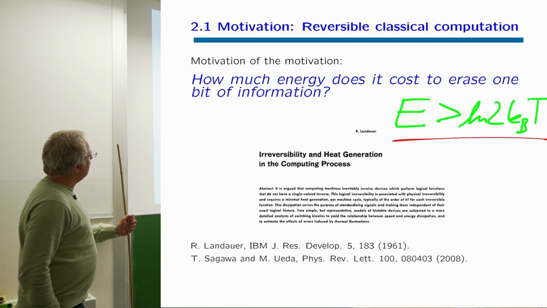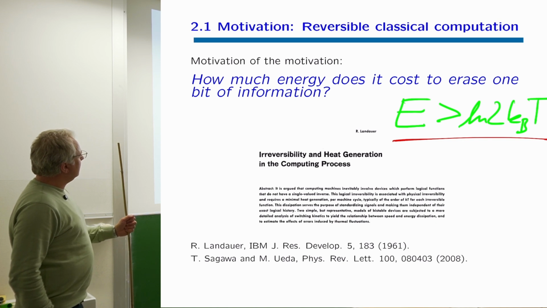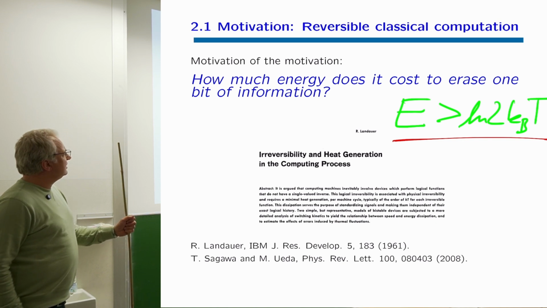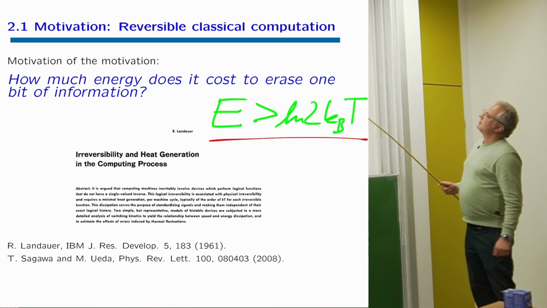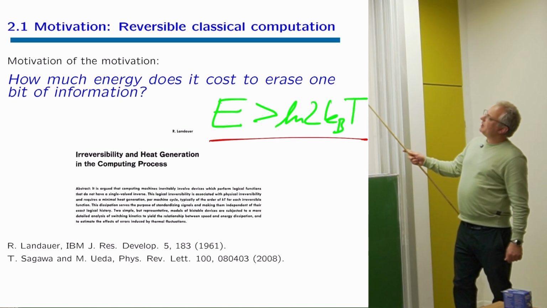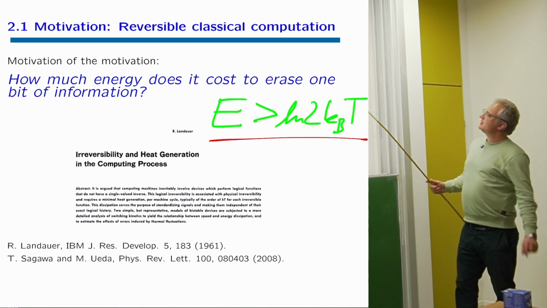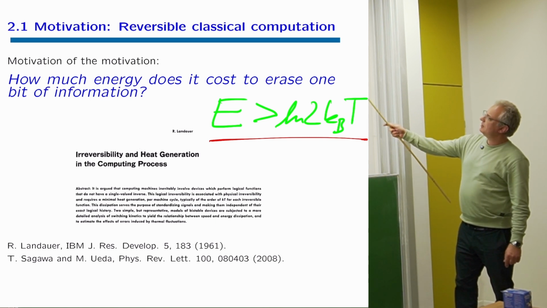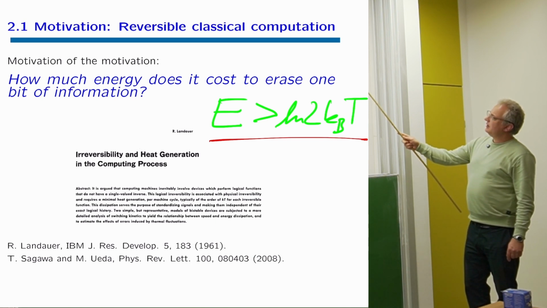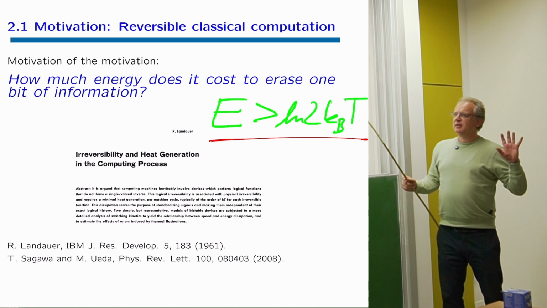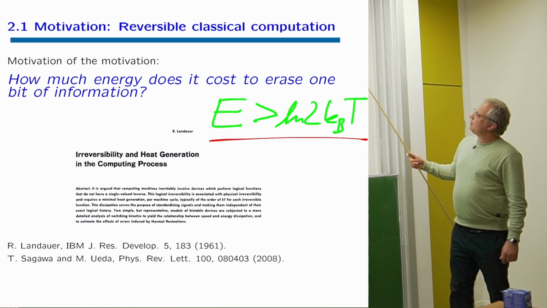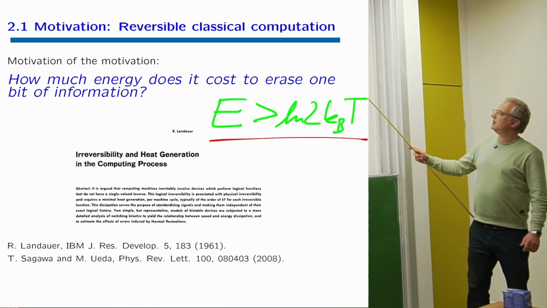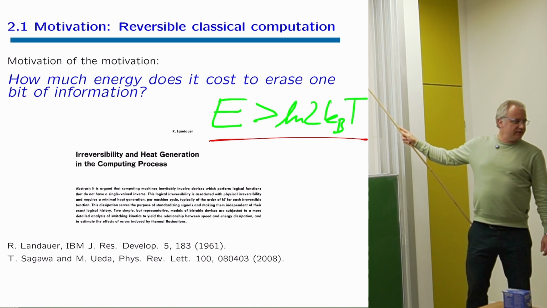Landauer had the idea that what costs energy in computation is erasure of information, and so he came up with this formula. You have a certain entropy. The ln of 2 comes because it's a 2-state system, with the Boltzmann constant here. This is an entropy, and he argued that the energy required for the erasure of 1 bit of information cannot be smaller than this.